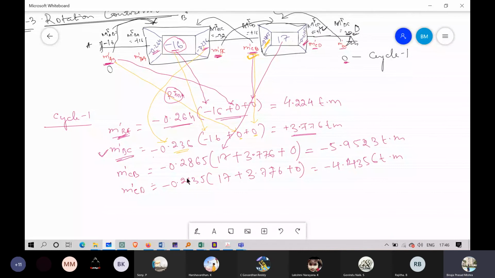So the first cycle is over, right? After the first cycle is over, what we need to do?